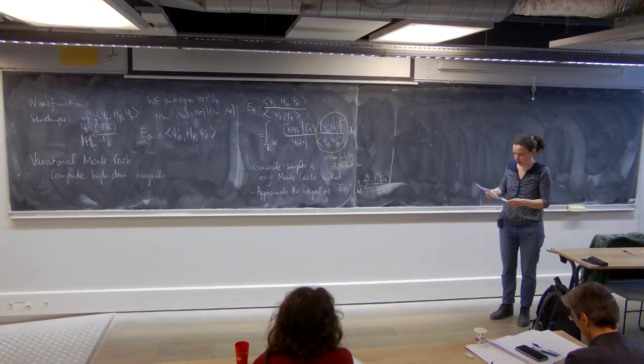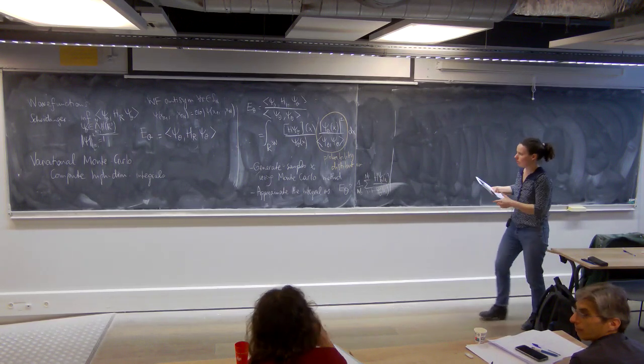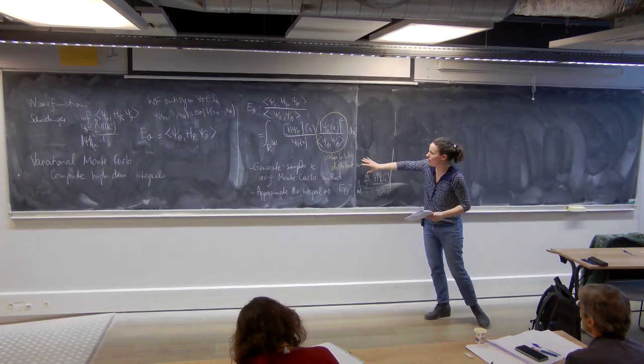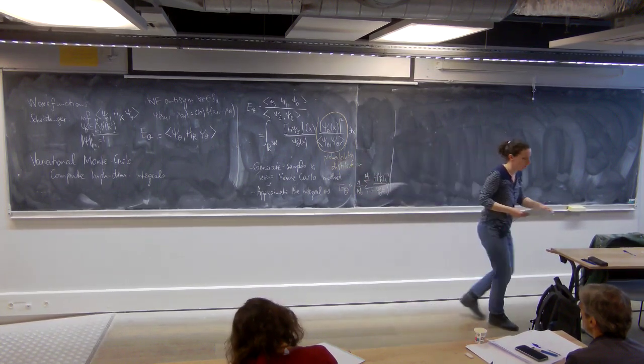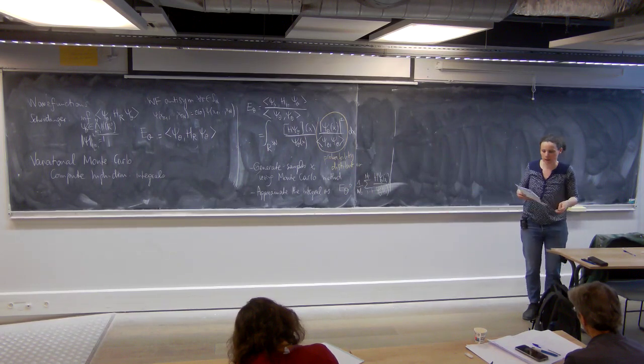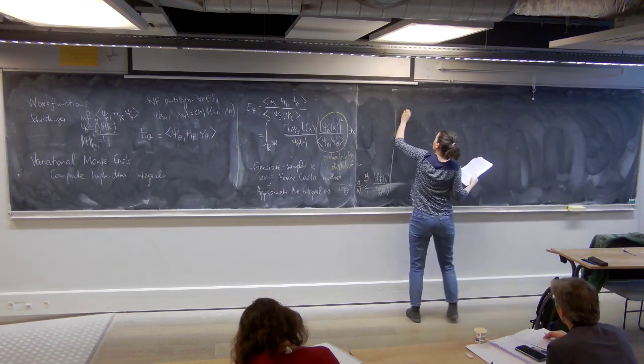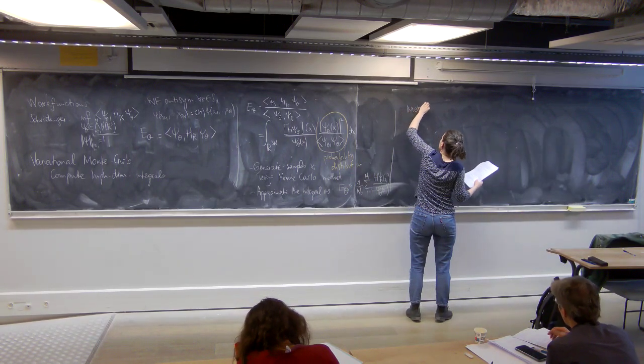And maybe just to give an example of a method that can be used to generate those samples, the Metropolis-Hastings algorithm can be used.